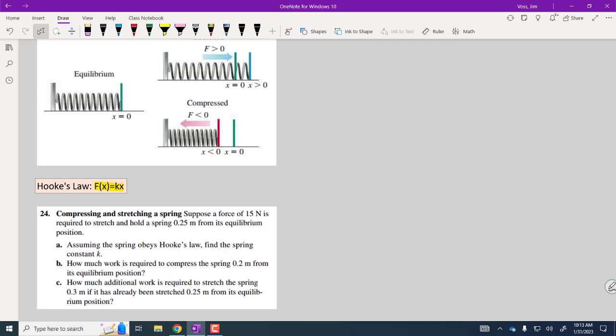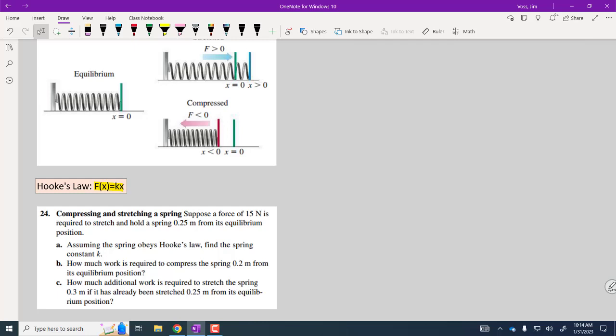And so quite frequently, we have to find the spring constant before we can do any sort of integration. We need to know what exactly is the force function for a particular spring. It's very similar to those problems that you did in college algebra and pre-calculus where you had radioactive isotopes. Every isotope has its own decay constant. Same idea. Every spring has its own spring constant, depending on how stiff the spring is.